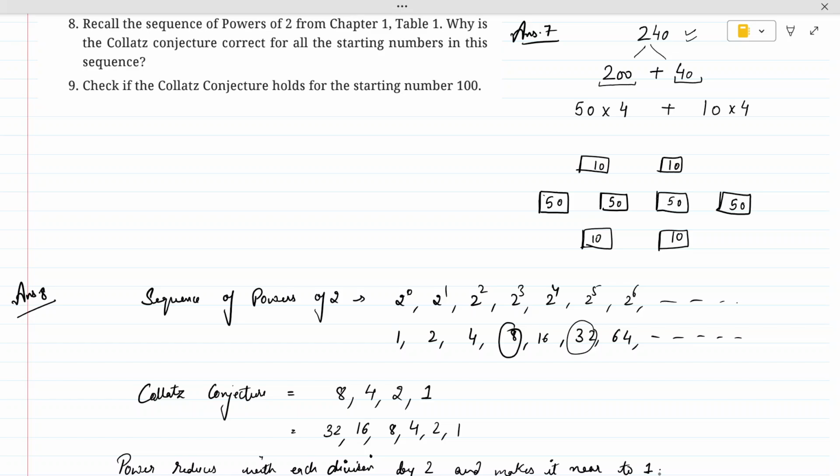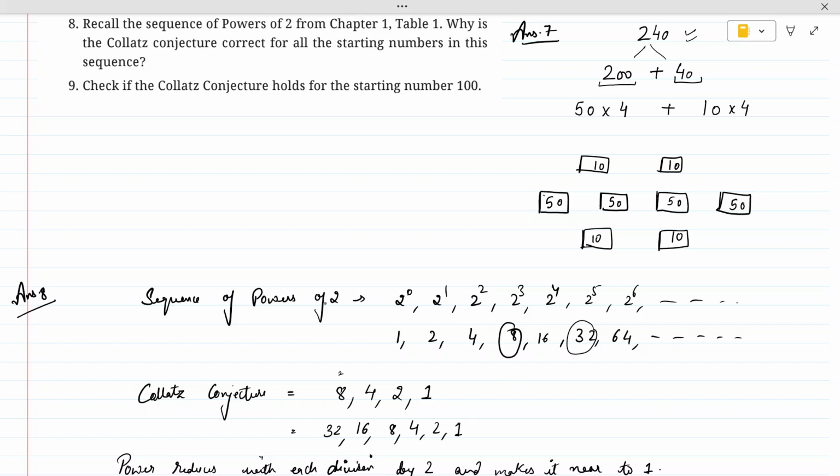So we understood what it means. Whenever I divide it by 2, its power reduces. Earlier it was 2 to the power 3, 2 to the power 2, 2 raised to the power 1 and 2 raised to the power 0. So the power reduces each time I divide it by 2, which makes it closer to 1. So that's why this is happening.